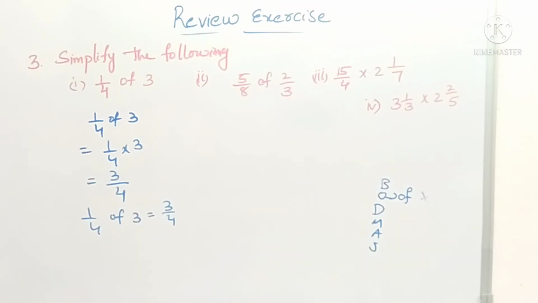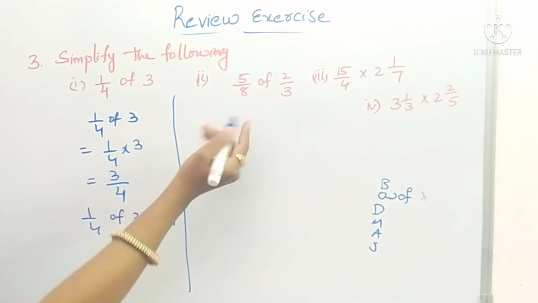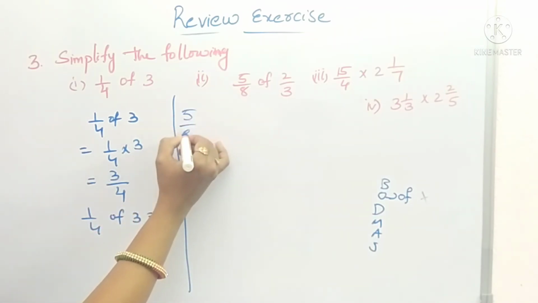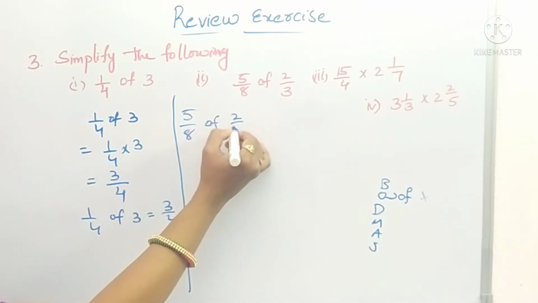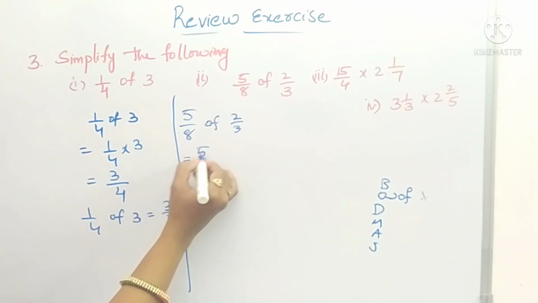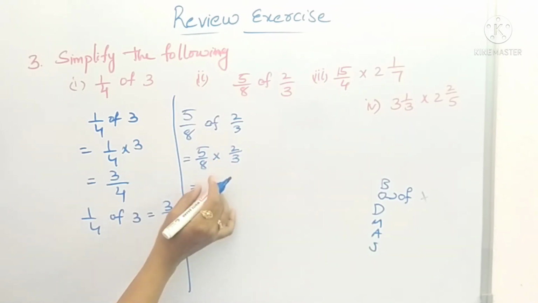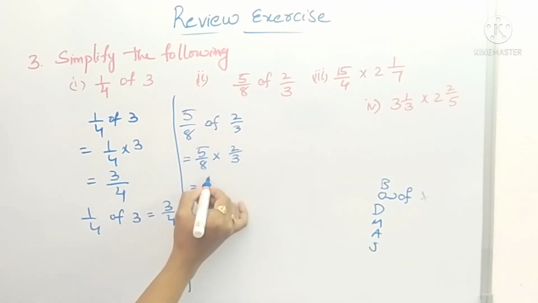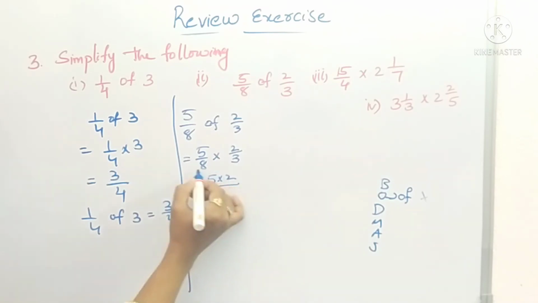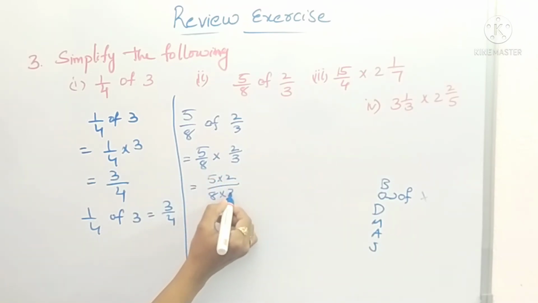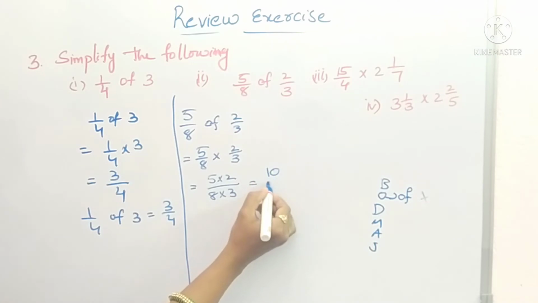And our next one, 5/8 of 2/3. What is our second one? 5/8 of 2/3. Of is nothing but into, so 5/8 into 2/3. Multiply numerator with numerator, 5 into 2, and denominator with denominator, 8 into 3. 5 2s are 10, 8 3s are 24.